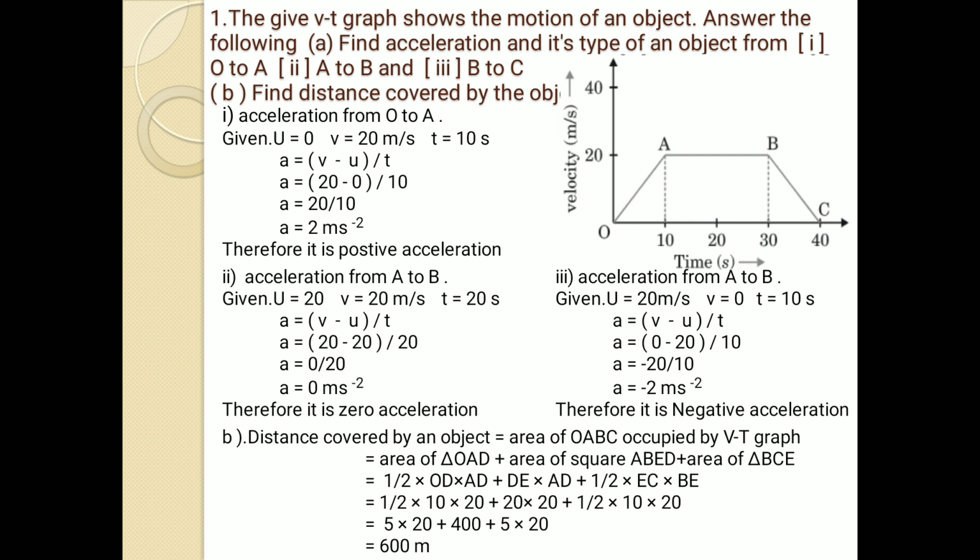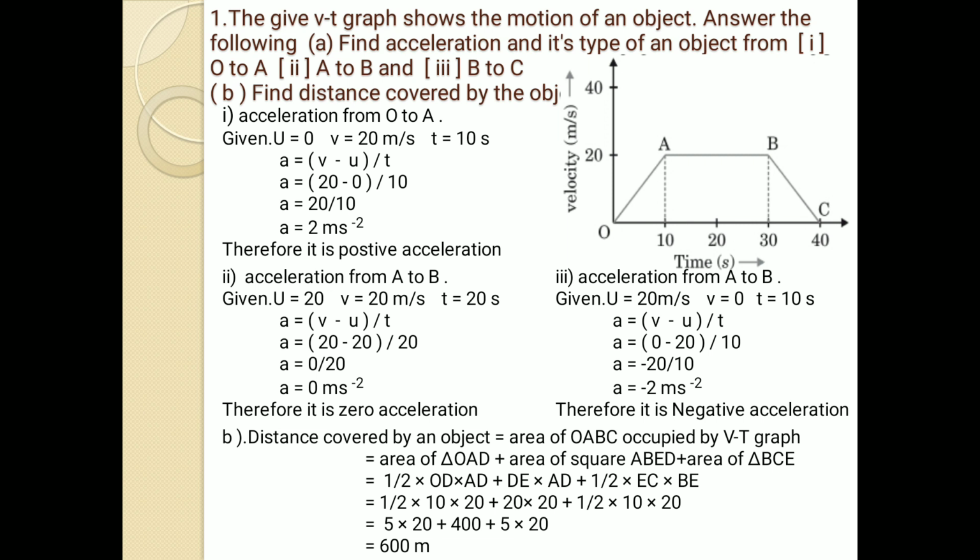If you simplify all those things, you can cancel: 2 ones are 2, 5 twos are 10. Again in the last step also, 2 fives are 10. So the next step is 5 into 20 plus 20 into 20, which is 400, plus 5 into 20. 5 into 20 is 100, and in the last step also 5 into 20 is 100. 100 plus 100 is 200. 200 plus 400 is 600.